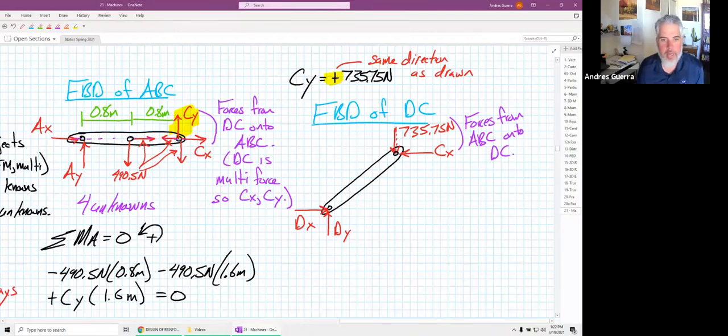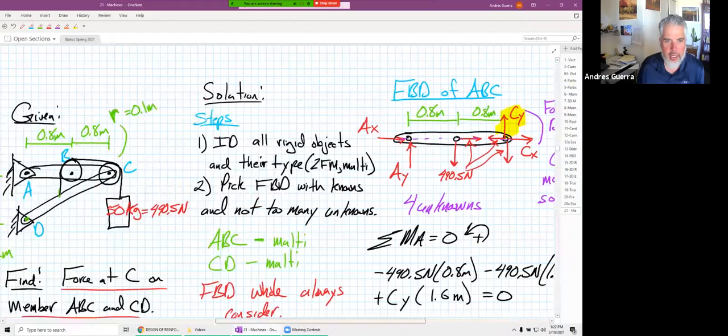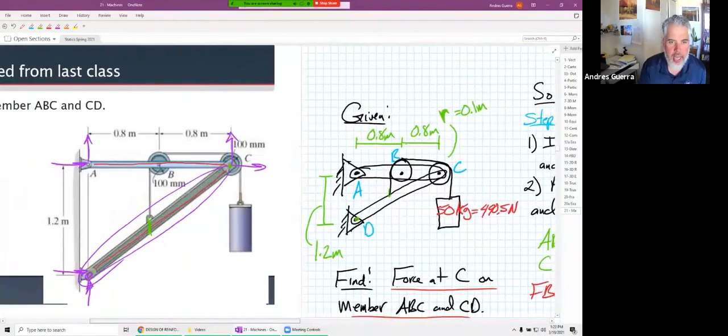Okay. Now, this rigid object, I'm going to scroll back to the original picture here. It also has a cable attached to it. And we talked about this cable having a tension of 490.5 newtons. It's also important that we look at the geometry, where does that fall?